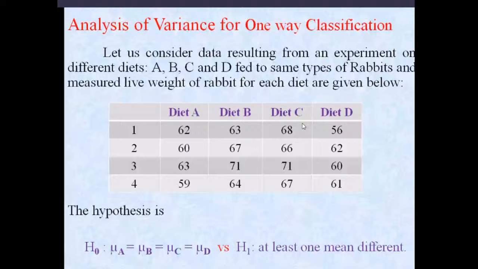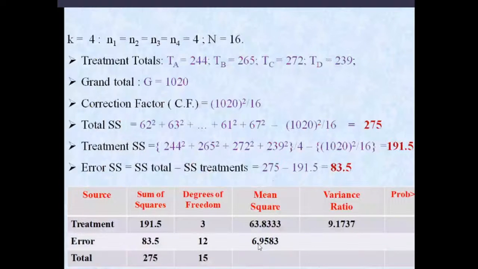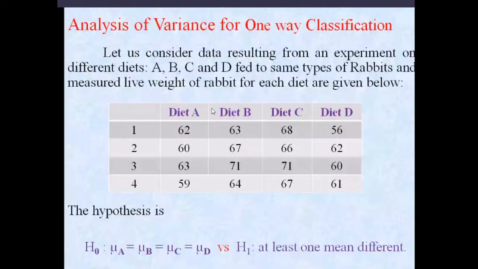So here I had taken 4 rabbits and 4 diets, so totally I have 16 observations. And the treatment totals: what is the total of the first diet, second diet, third diet, and fourth diet?